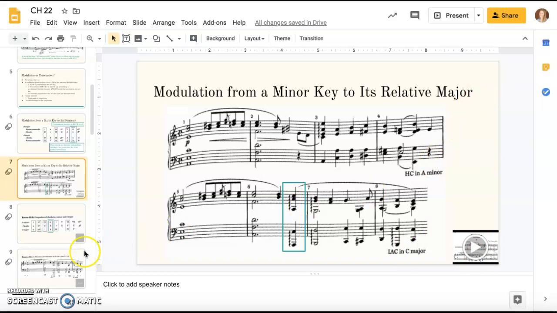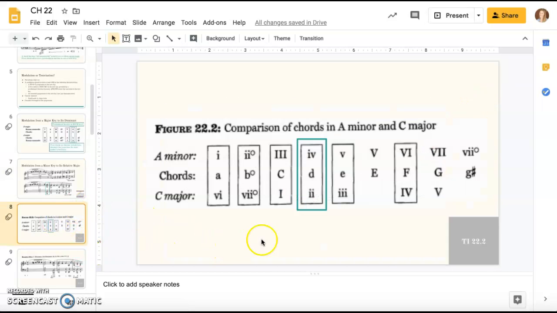So you can use relative major and minor to modulate very smoothly. And here we can see some of the common chords. We have almost all of the chords in common between A minor and C major because they are relative major and minor. That means they share a key signature. The only chords you have to be careful of are the chords that we usually alter with the leading tone.